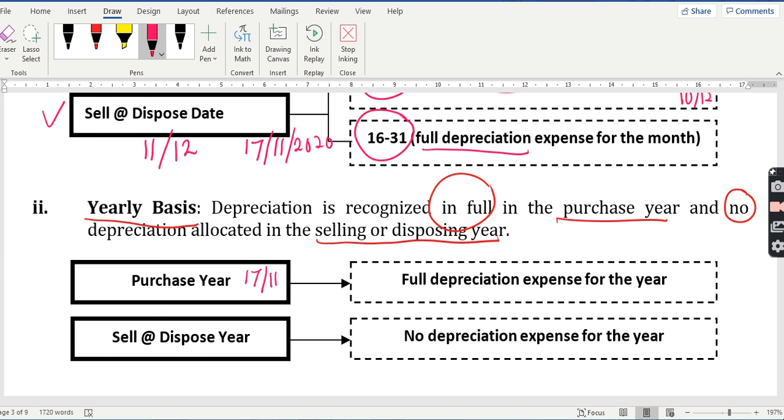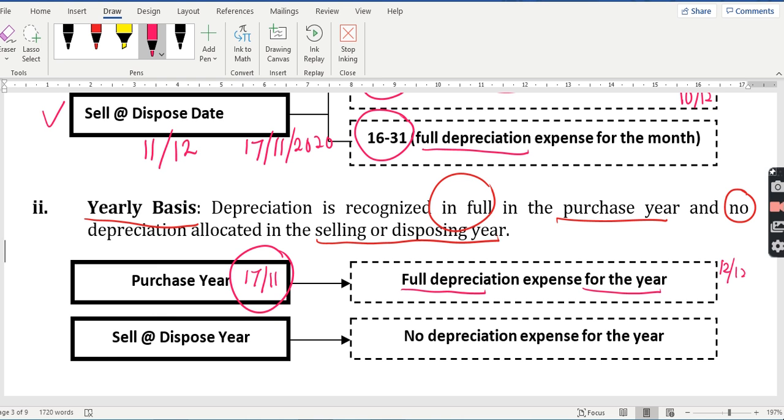Since I am using the yearly basis, it doesn't matter when you buy, the asset will be fully depreciated for the year. That means that particular asset will be depreciated in full, 12 upon 12, even though I bought the asset somewhere around November. For me, it's not fair to the asset because I just bought it.